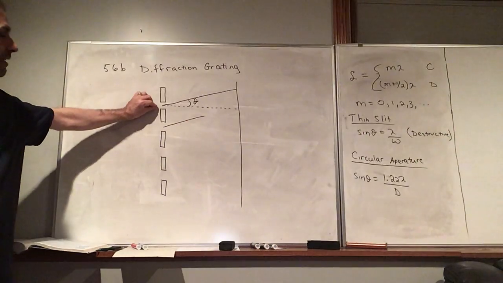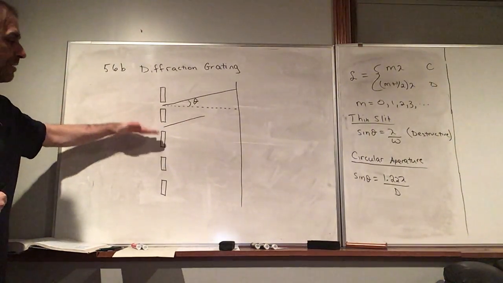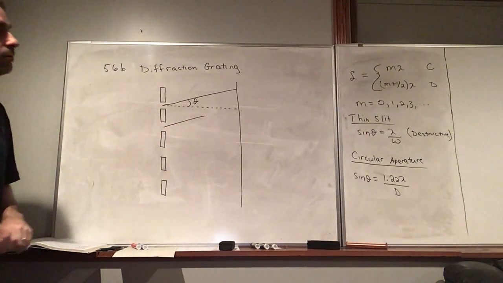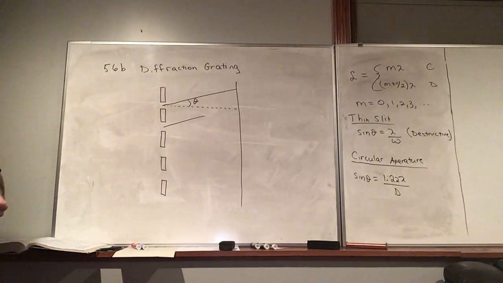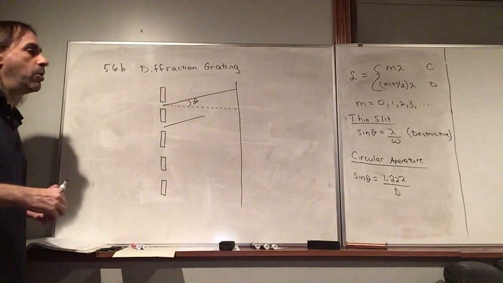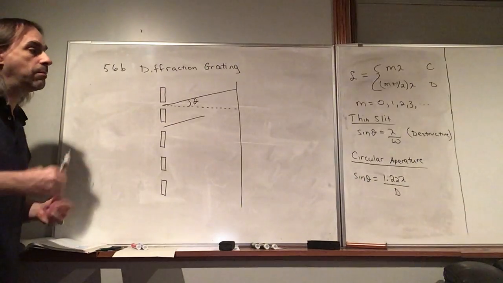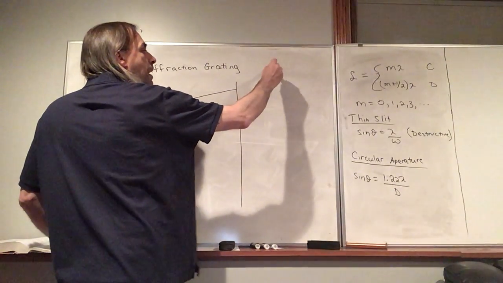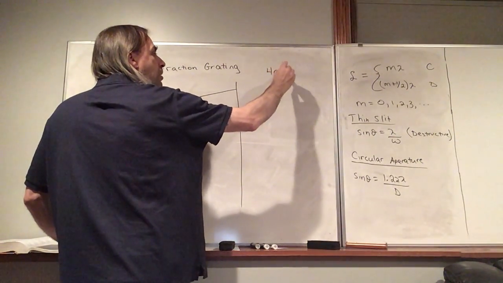Typically the width of these slits is very narrow, and they're extremely close together. The book mentions, as far as I know a kind of high number, that you can have up to 40,000 slits per centimeter.